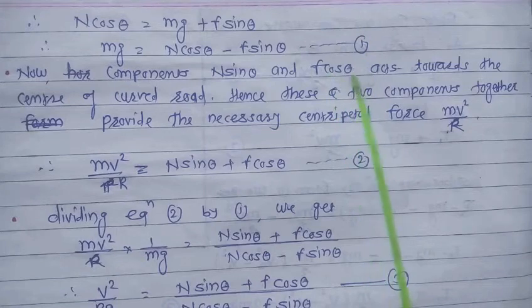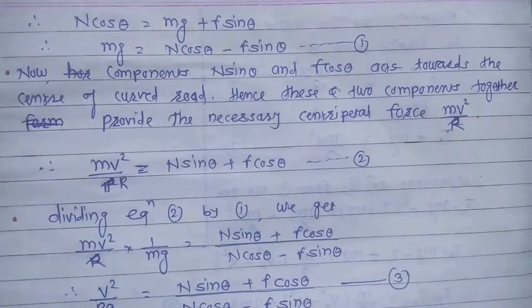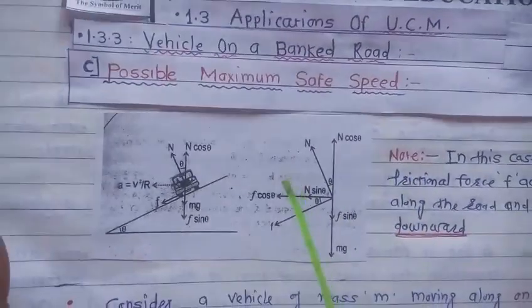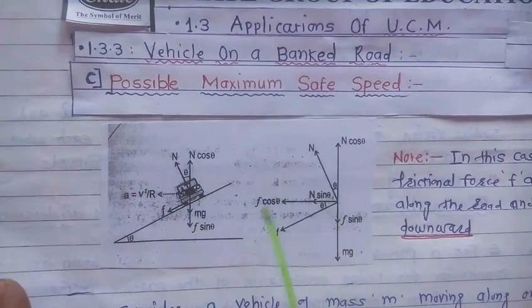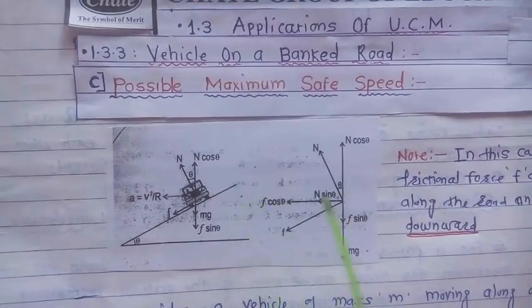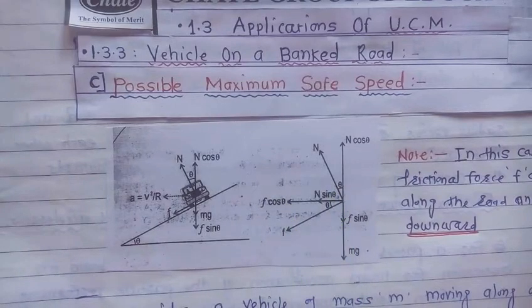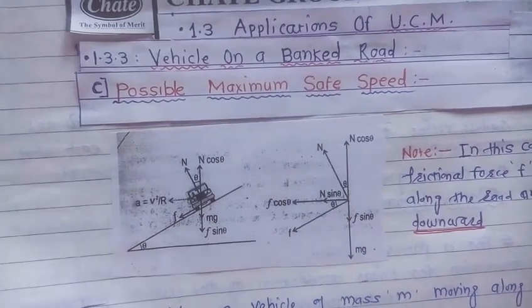Now similarly, as shown in the figure, these two components, N sin theta and F cos theta, are both directed toward the center of the curve, and therefore these two components provide the necessary centripetal force.